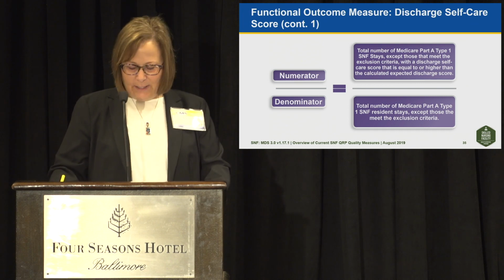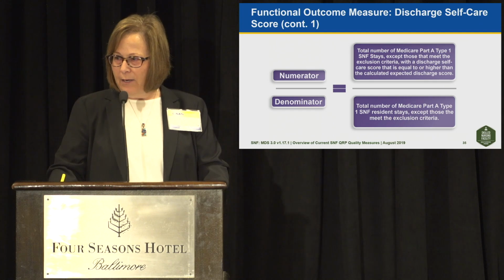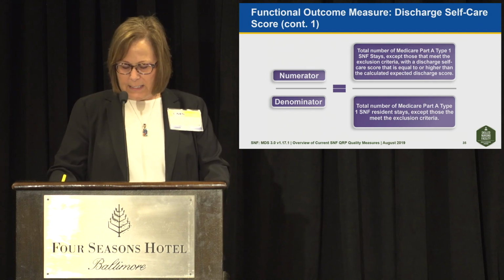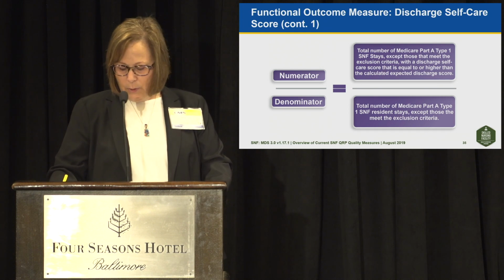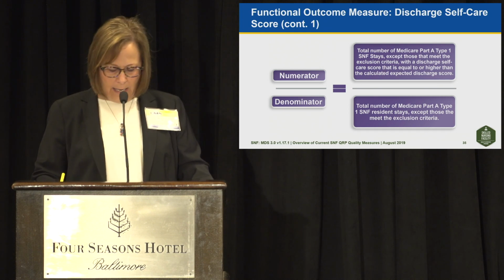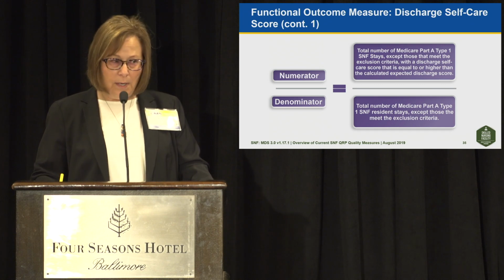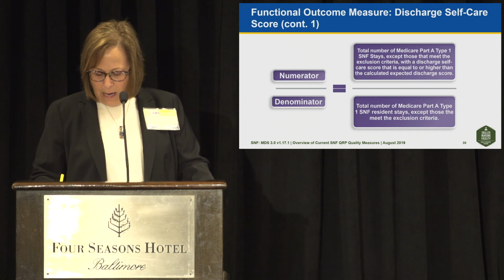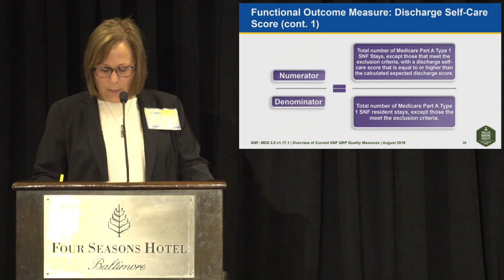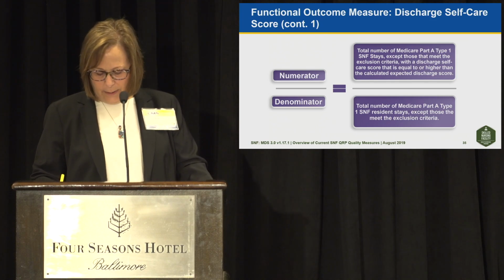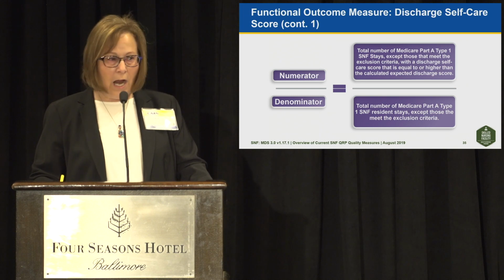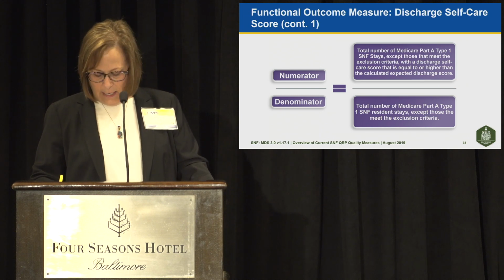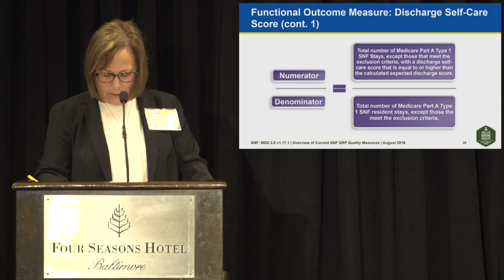The denominator is the total number of Medicare Part A Type 1 resident stays except those meeting exclusion criteria. The numerator is the total number of Medicare Part A SNF stays, type 1 stays only, out of those in the denominator, except those meeting the exclusion criteria, with a discharge self-care score that is equal to or higher than the calculated expected discharge self-care score.